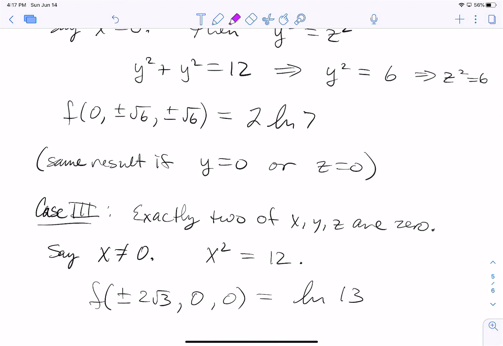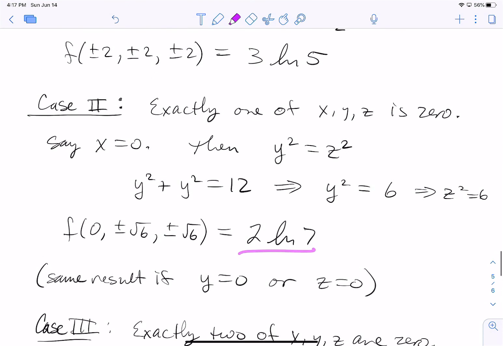Now, folks, we have found 3 values: natural log of 13, 2 times the natural log of 7, and 3 times the natural log of 5. We'll need to know which of these is biggest and which is smallest, right? We were supposed to find extreme values. 3 times the natural log of 5, calculator value, turns out to be approximately 4.83. 2 times the natural log of 7 is approximately 3.89.